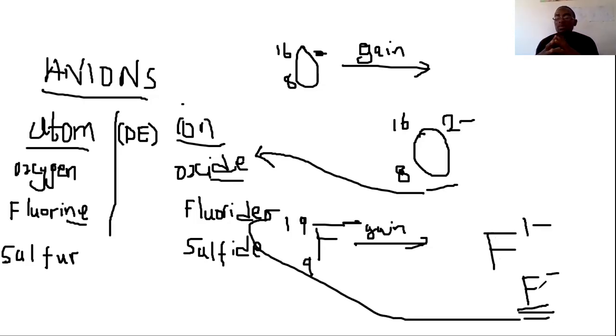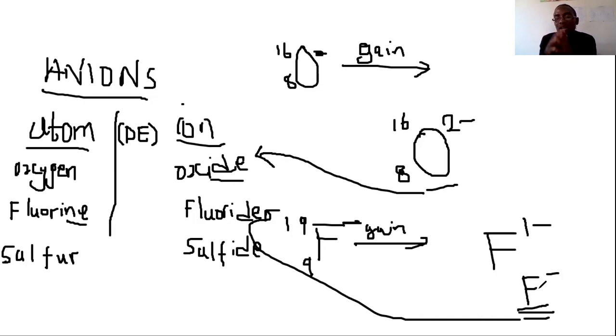So what is important about anions is that they gain according to their valence number. You have to know the valence number for you to determine the ionic symbol. And the key thing to take note of is that the name changes. It adopts -ide as the suffix.